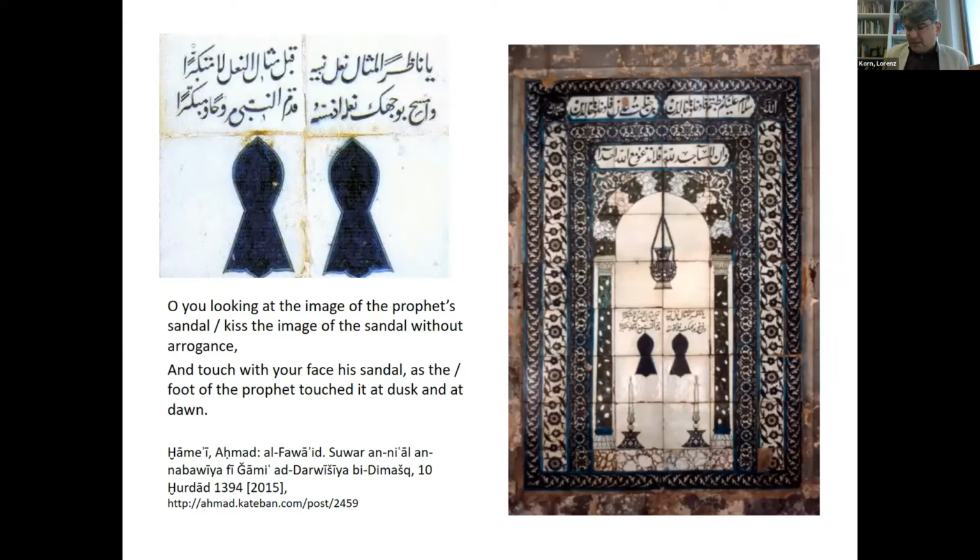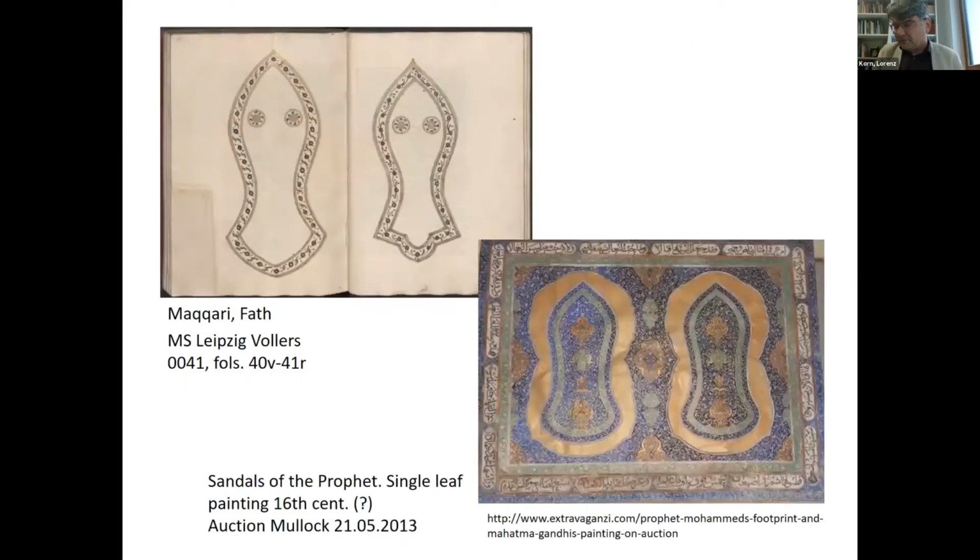Shihab ad-Din Ahmed al-Makkari, who died in 1632, compiled more than 600 pages in the current Cairo edition of poetic praise about the Prophet's sandals. Copies of his work usually also contained graphic renditions of the sandals, top left, in different versions, all of them with the characteristic outlines pointed at the tip and narrow in the middle part.